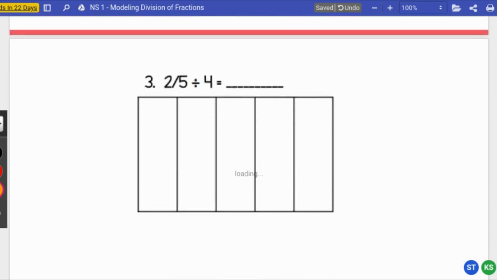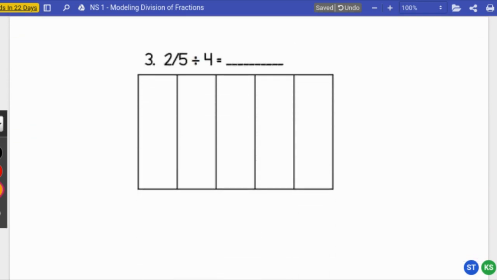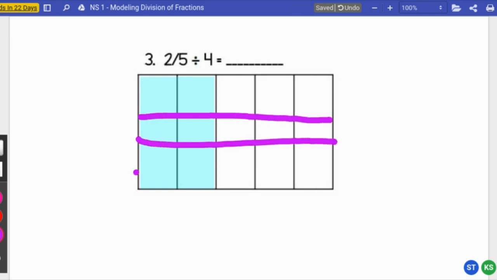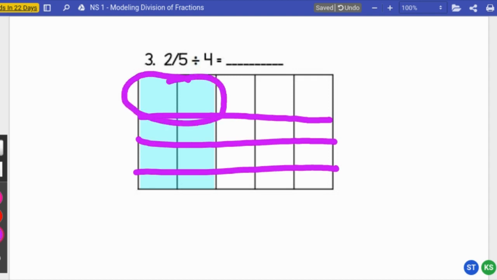Let's try one more and then we'll have you try it on your own. So I have 2/5 divided by 4. So I'm going to shade in the 2/5 that I actually have to start with. And then I'm going to divide that up into 4 equal groups. And I'm looking at how many is in one group.